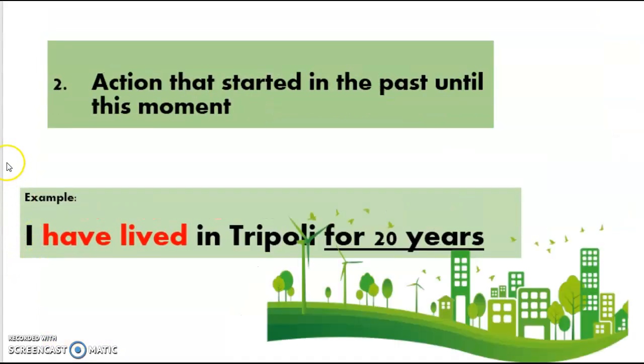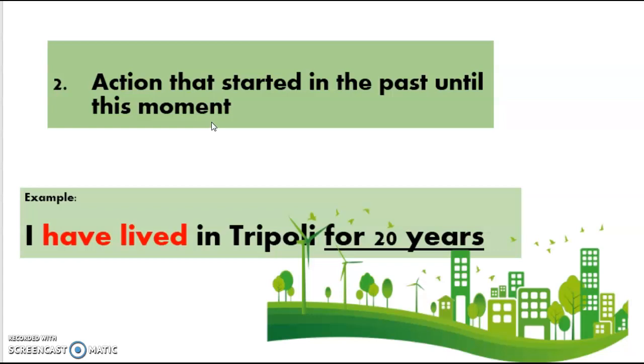The second case on when we use the present perfect is when we're talking about an action that started in the past and it still continues until this moment. It didn't finish. It is still happening until this moment.